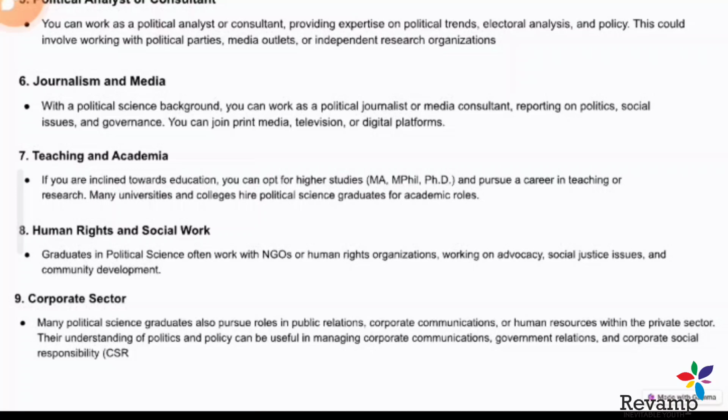You can also get an opportunity in journalism and media. Those with a political science background have a little edge over others, because they have a better understanding of the political scenario of the country, how things work, and the ideologies of international organizations and how these countries work. So there also you have the upper hand.